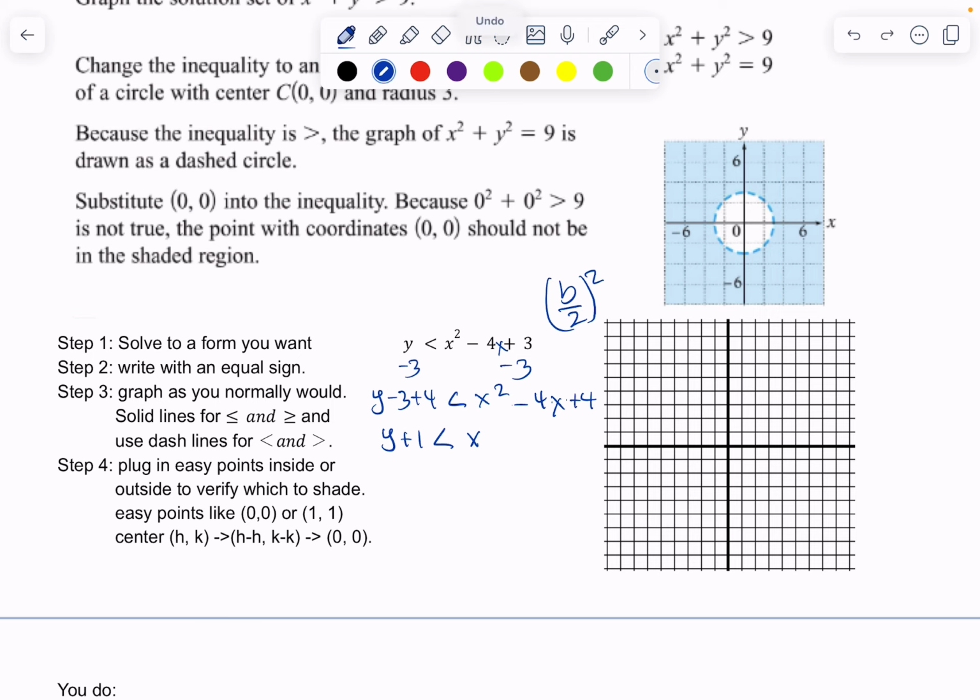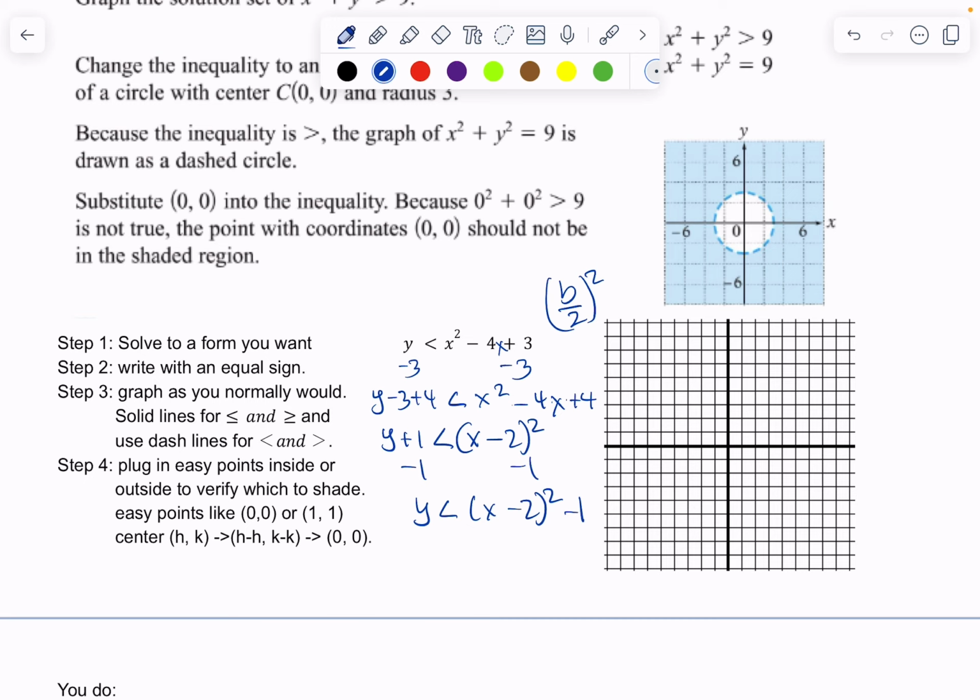I should write the x minus 2 squared. You can do the diamond method, yes, but you can also know that you create this perfect square, which would give you x minus 2 squared. Minus 1, and I have y is less than x minus 2 squared minus 1.